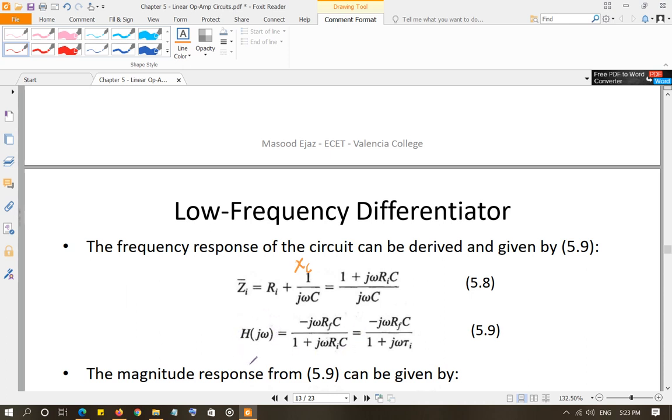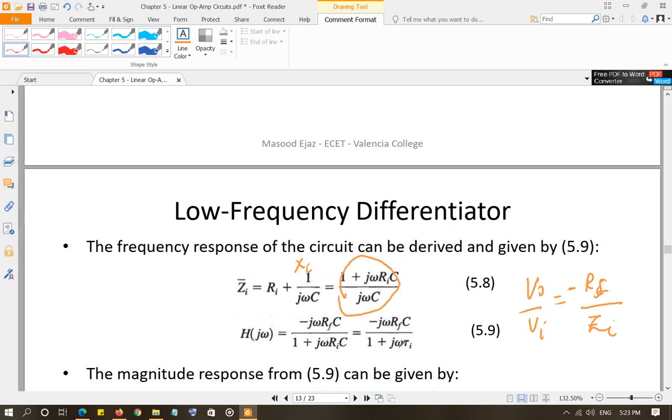And then your H of j omega, of course, the circuit is still an inverting circuit, so H of j omega, V out over V in, is equal to minus the feedback impedance, in feedback you have the feedback resistor, over Z in, right? So this will be the transfer function of the circuit, and then you put in Z input this value right here.